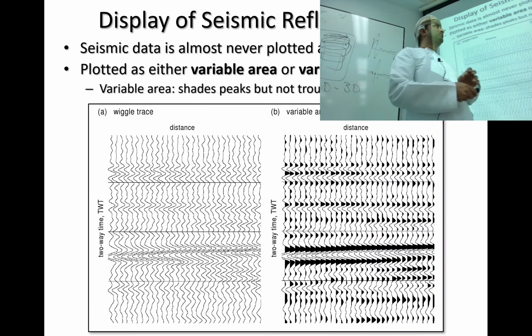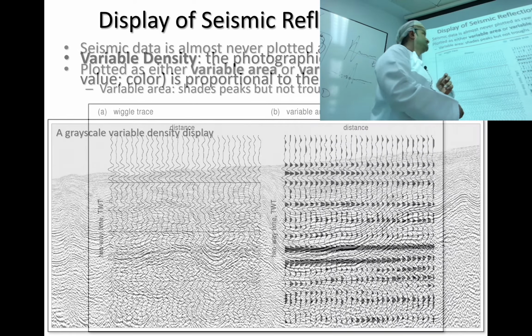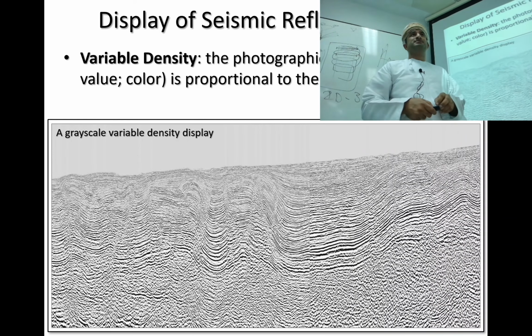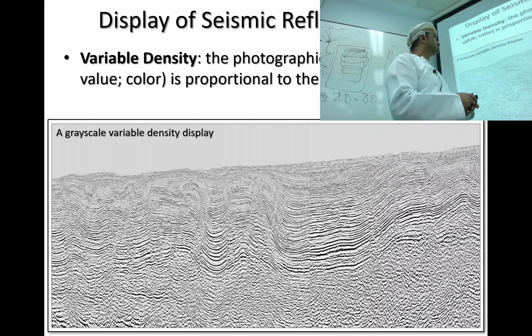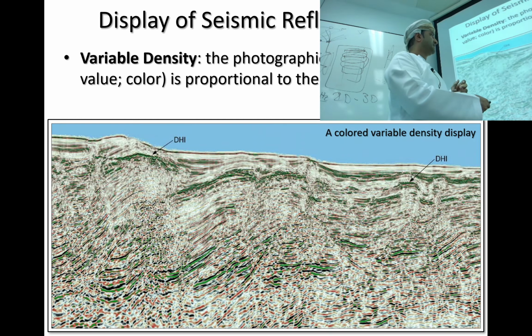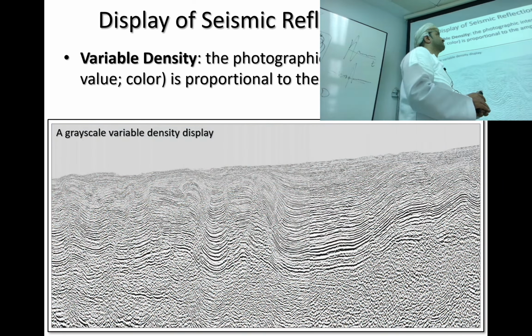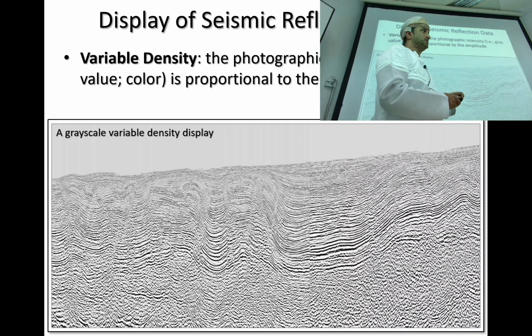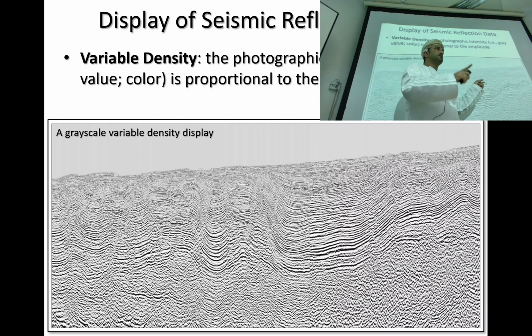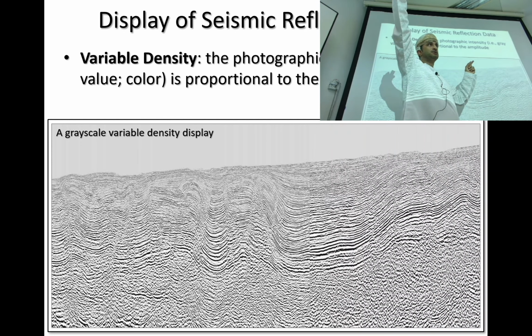I like what I call variable density. This is a variable density. It's a big section. Variable density can have different colors. For example, here I'm using grayscale, either black or white.